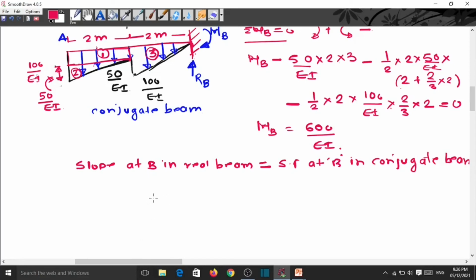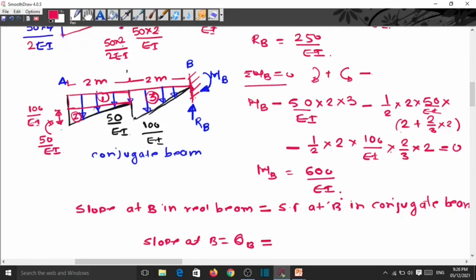So slope at B, theta B, is equal to the shear force at B in the conjugate beam.